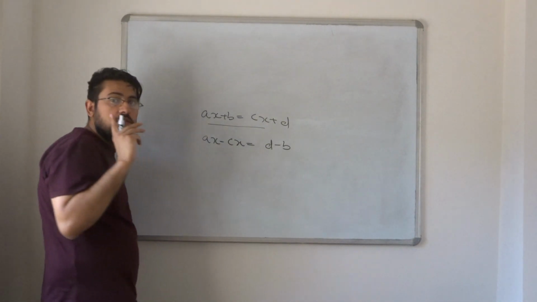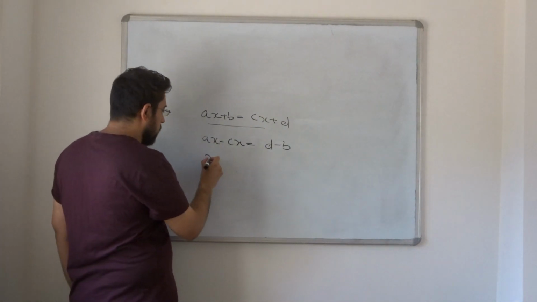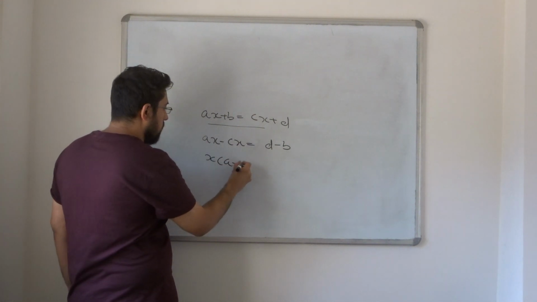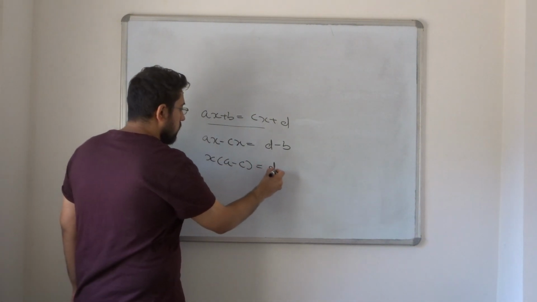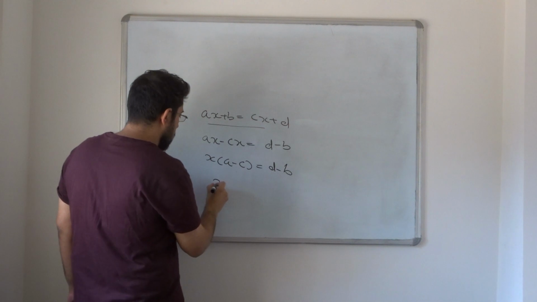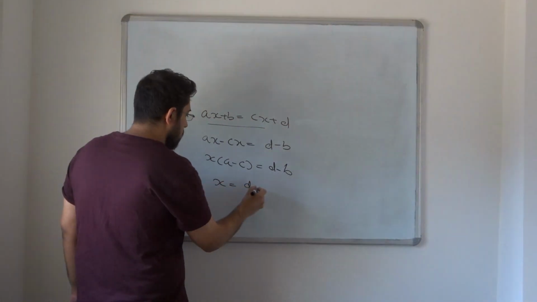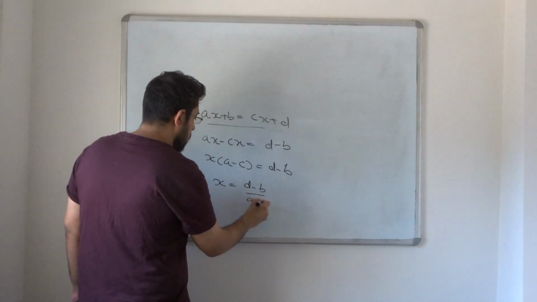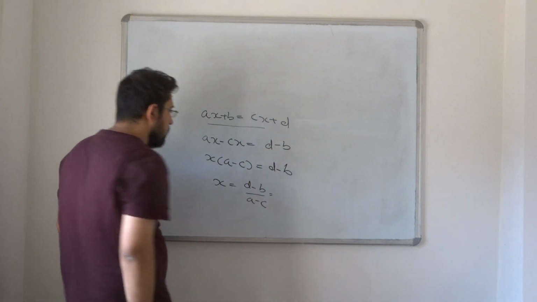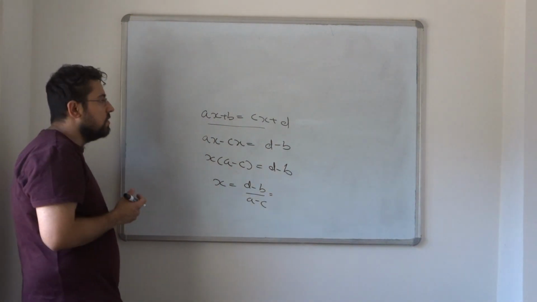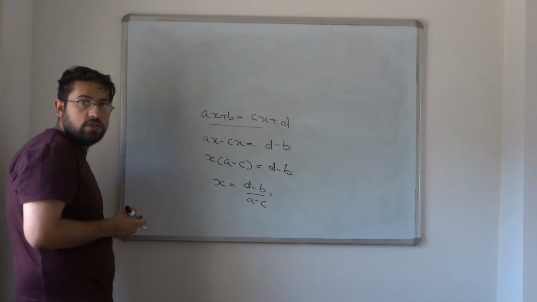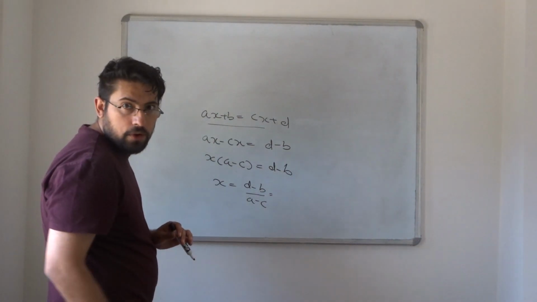So now obviously you have to use the distributive law, and you take x common, a minus c, d minus b. Then x equals d minus b over a minus c. And guys, this is your answer. So congratulations to you.